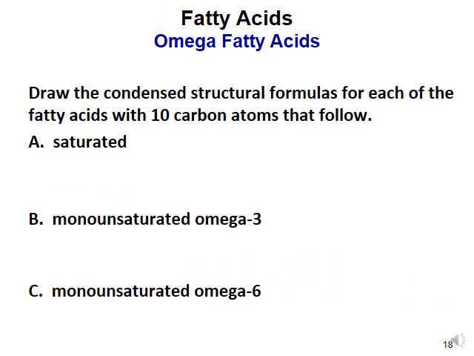Okay, so let's draw some here. The condensed structural formulas for each of the fatty acids with 10 carbon atoms that follow. One is saturated. So saturated means no double bonds at all. Okay?